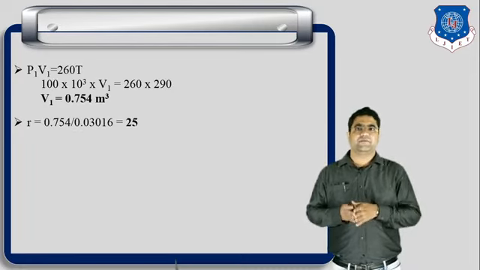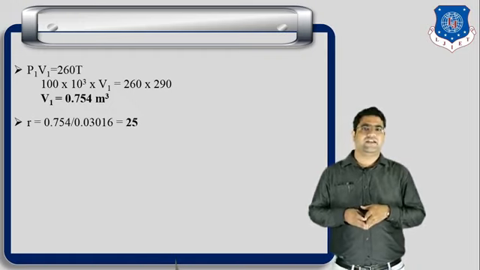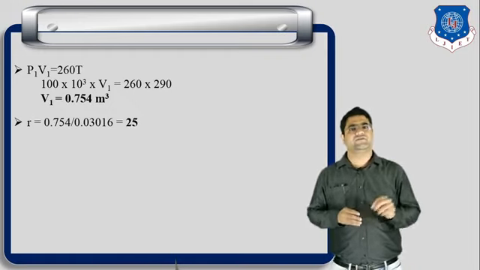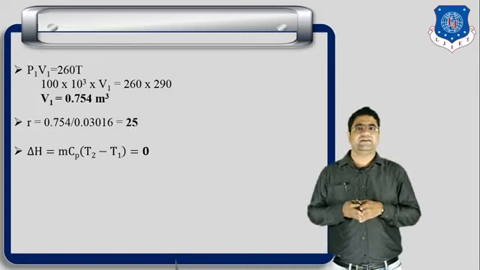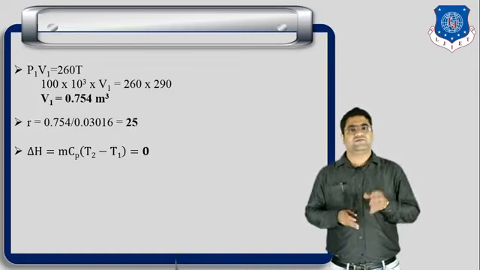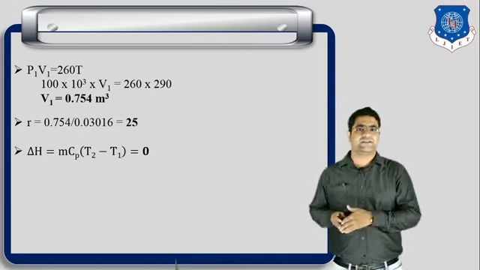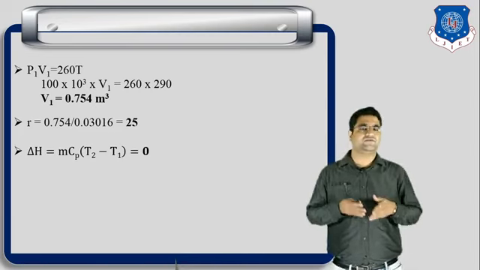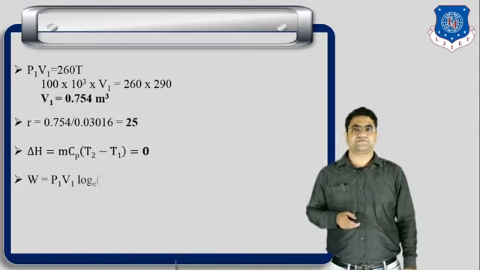Now the compression ratio is V1 by V2, so we get the compression ratio equal to 25. Now let us calculate the enthalpy. The change of enthalpy is mCp (T2 minus T1), but the process is isothermal, so T1 equals T2. Finally, the change of enthalpy is equal to 0.